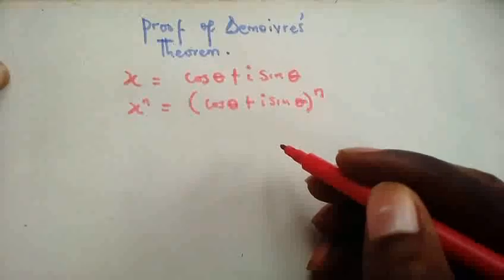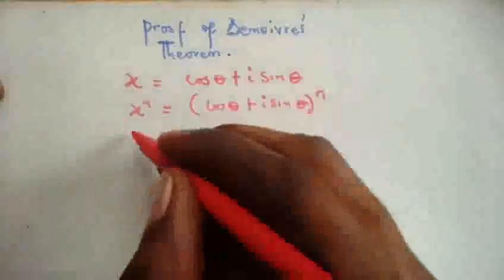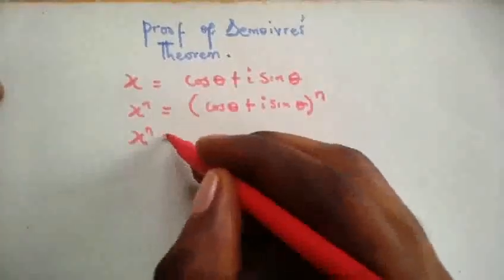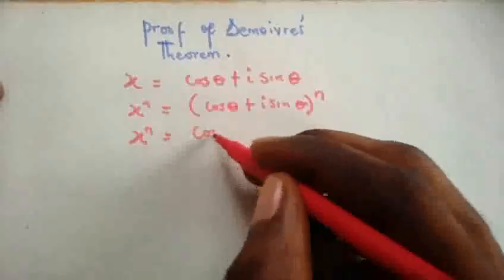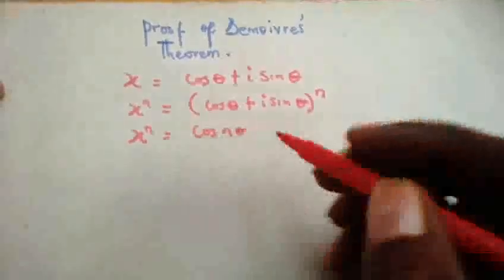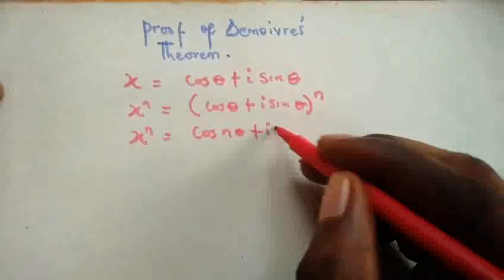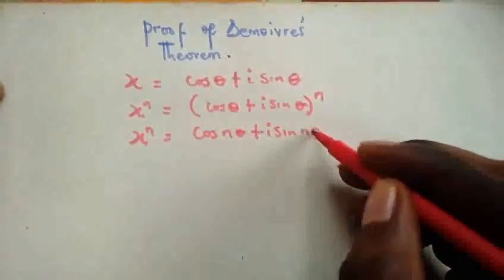Then according to his theorem, we have x raised to n equal to cos of n theta plus i sine n theta.